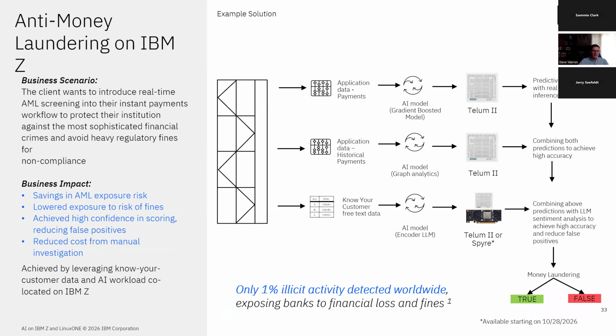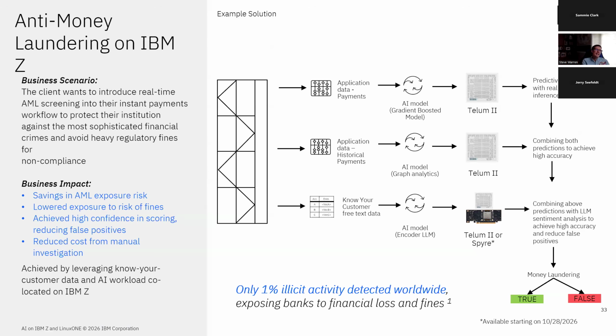Anti-money laundering, this is an amazing statistic. Only 1% of illicit activity is detected worldwide. And part of it is because the money launderers are very sophisticated, right? So imagine if I could introduce AML screening into my instant payments. So I'm doing a series of models for the instant payments. I'm checking: is that individual payment fraudulent in and of itself?